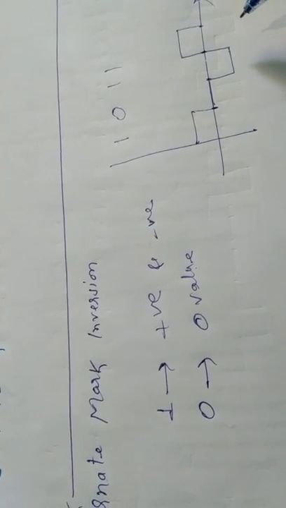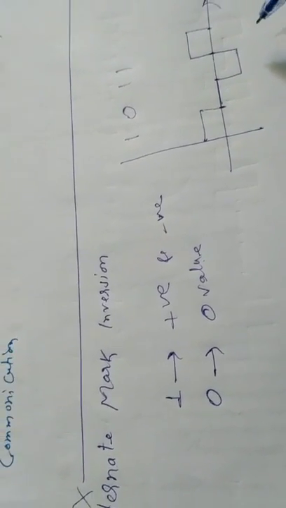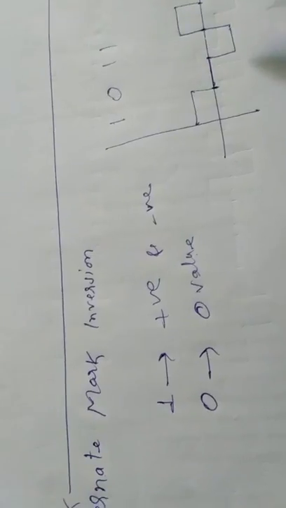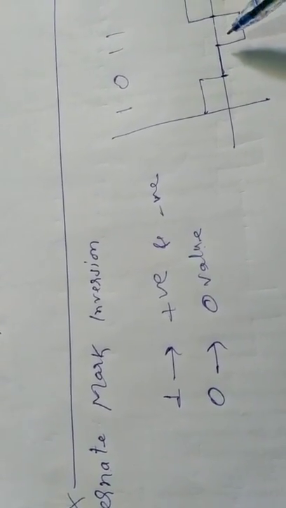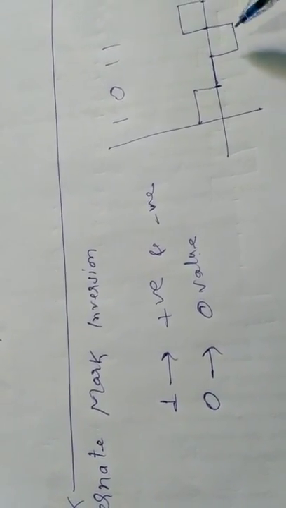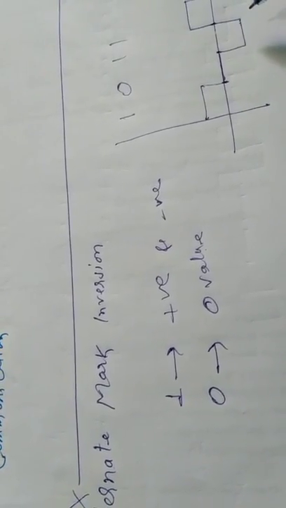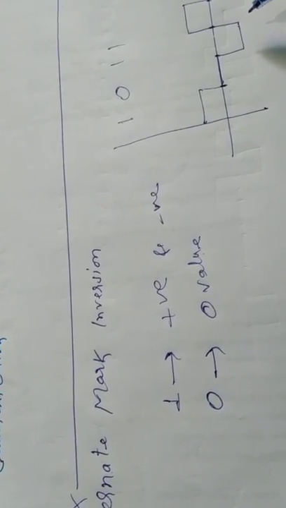But there is a problem. Suppose we have multiple 0 bits, say 20 or 50 zero bits successively. If the 0 bits come, then it will create a problem of synchronization.